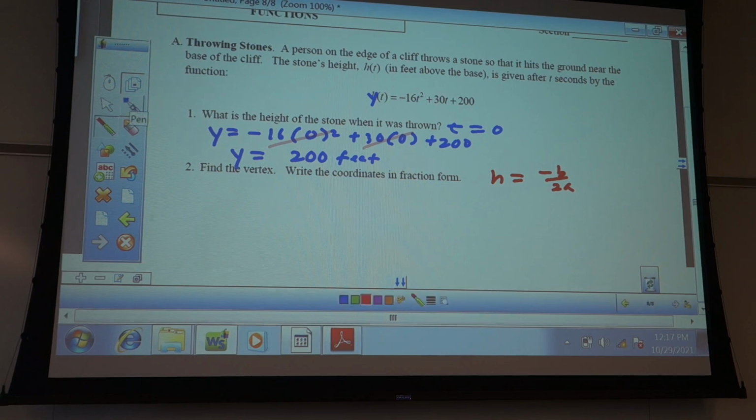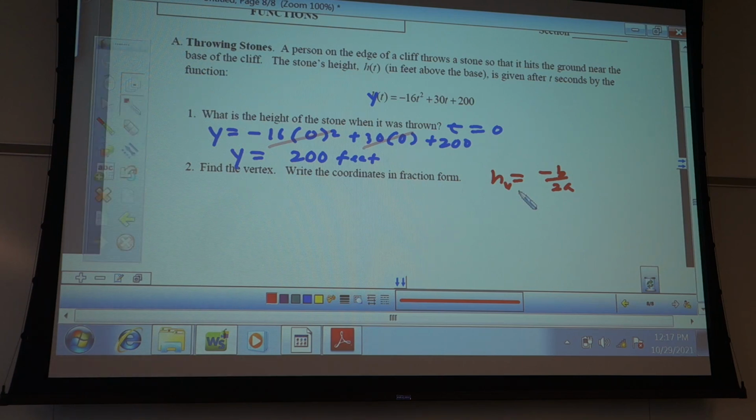If it helps, put a little v for the vertex. Is that easier? Or is x easier? When you have more than x and y, it always gets confusing. All right, so let's do this.